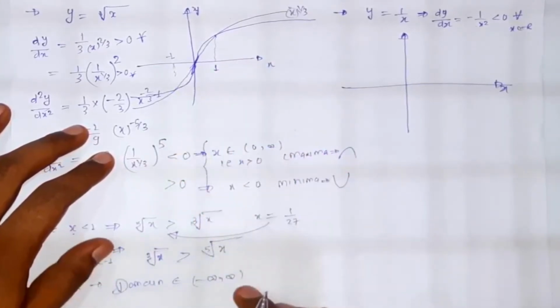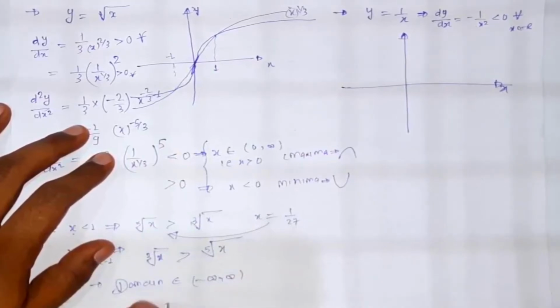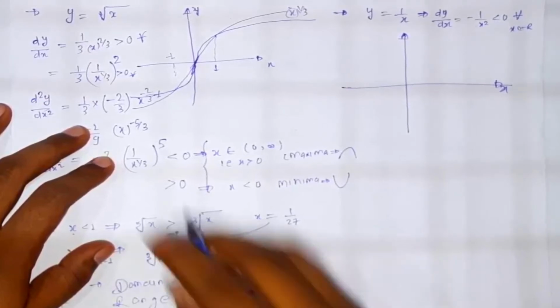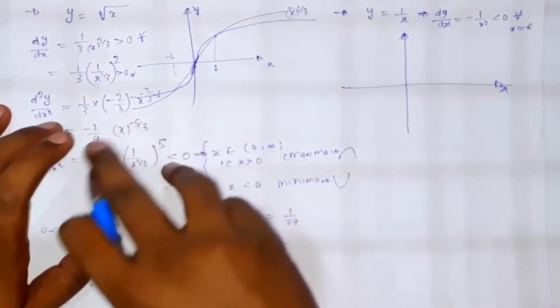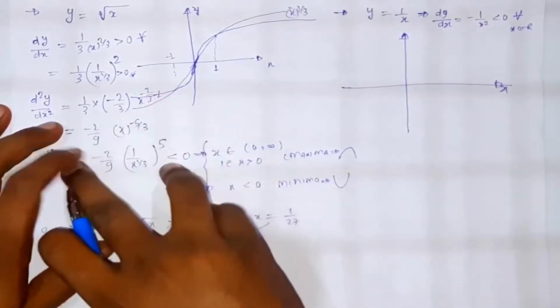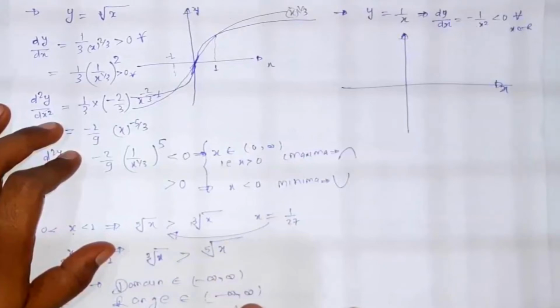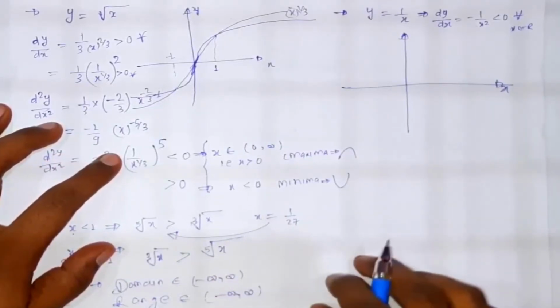Okay, so this is the definition of the function, the domain and also the range. As far as the range is concerned, the range will be minus infinity to plus infinity. You can say this is going asymptotically, and this will go to the negative side, and this will go to the positive side at infinity. Okay, so this is the graph and range of this function. I hope it's clear to all of you.